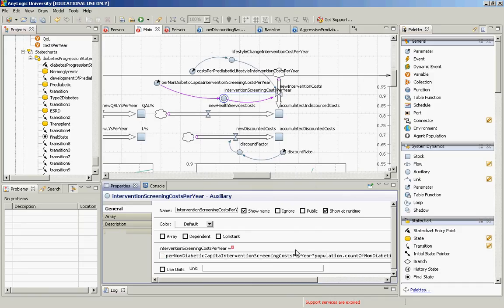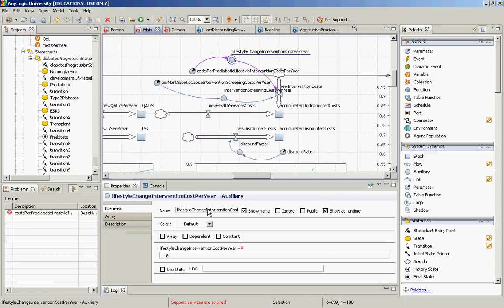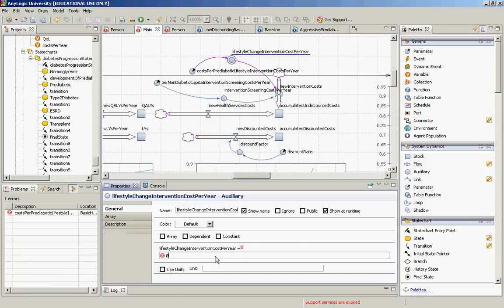This other one is this pre-diabetic lifestyle intervention cost per year times the number of pre-diabetics. How do we get that? Well, the population, we had set up that statistic, so count of pre-diabetics.